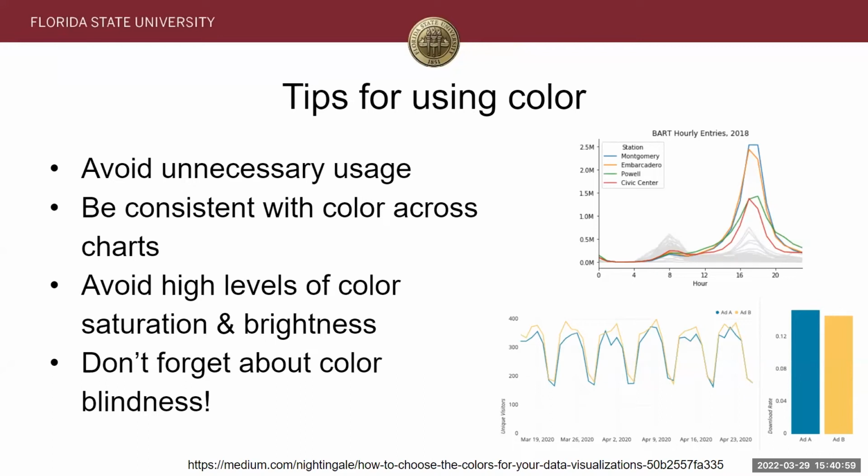It's good to vary dimensions other than just hue alone to indicate the value associated with a color. And there are different color blindness simulators or tools out there to get an idea of whether your final visualization will be understandable to others. So those can be useful as well.